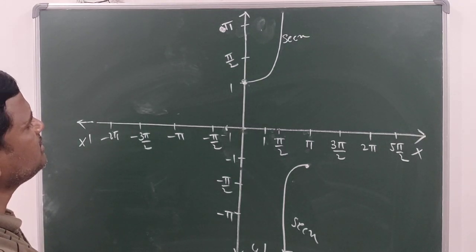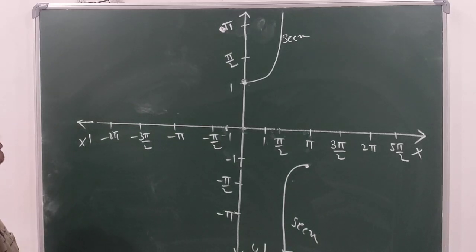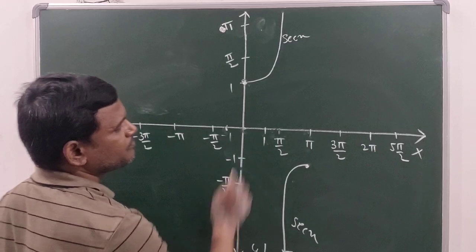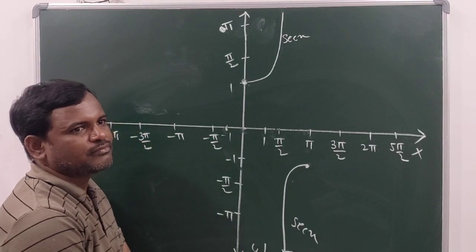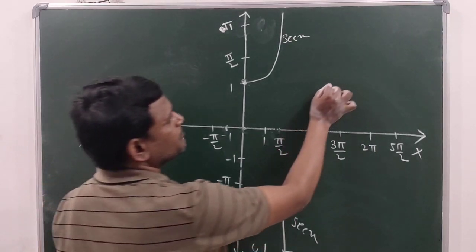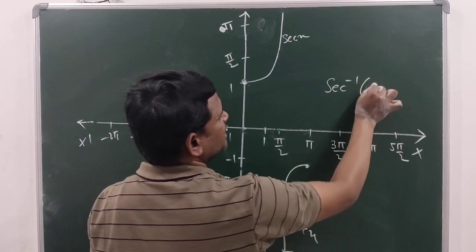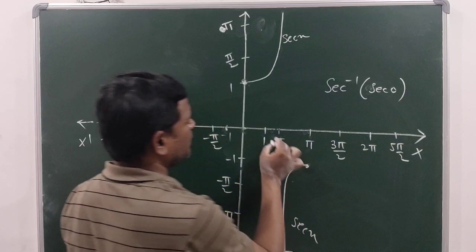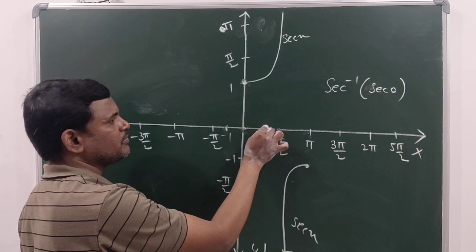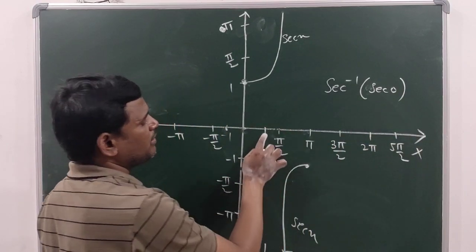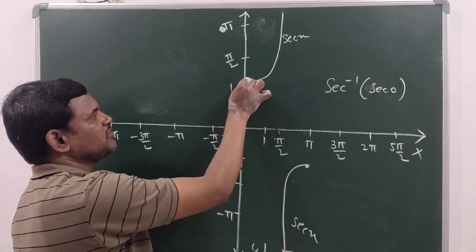When you write 1, secant inverse of 1. When do you get secant inverse of 1? Domain value 1 means secant 0. So you get this one only. Okay, 0 comma 1. On the x-axis 0, y-axis 1.